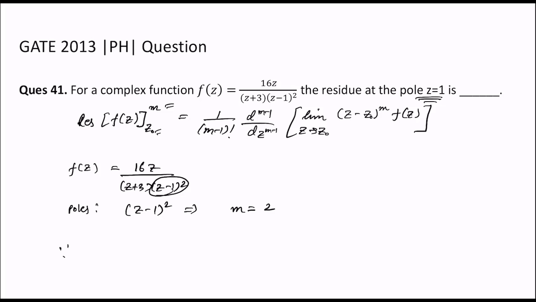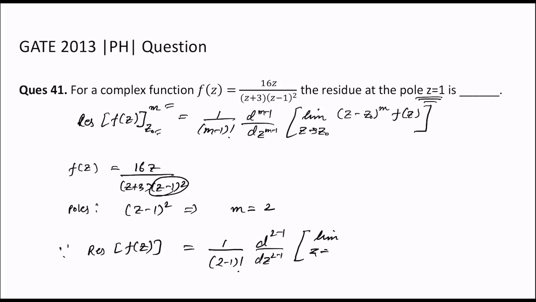Therefore, the residue of f of z can be written as 1 upon (2 minus 1) factorial, d^(2 minus 1) by dz^(2 minus 1), limit z tending to z0, which is 1, of (z minus 1) to the power 2 times f of z, which is 16z upon (z plus 3)(z minus 1) square.